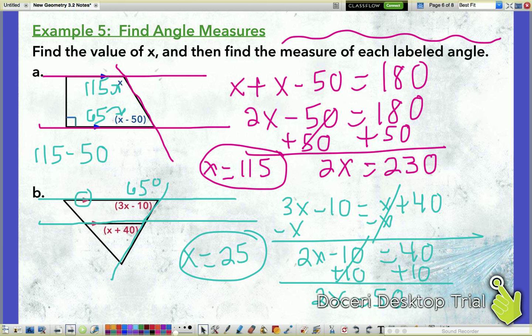Well, this angle right here better be 65, and it is if you add 40. So they end up to be congruent. Sometimes flipping your page helps too to look at the lines. But like I said, extending them really helps a lot.